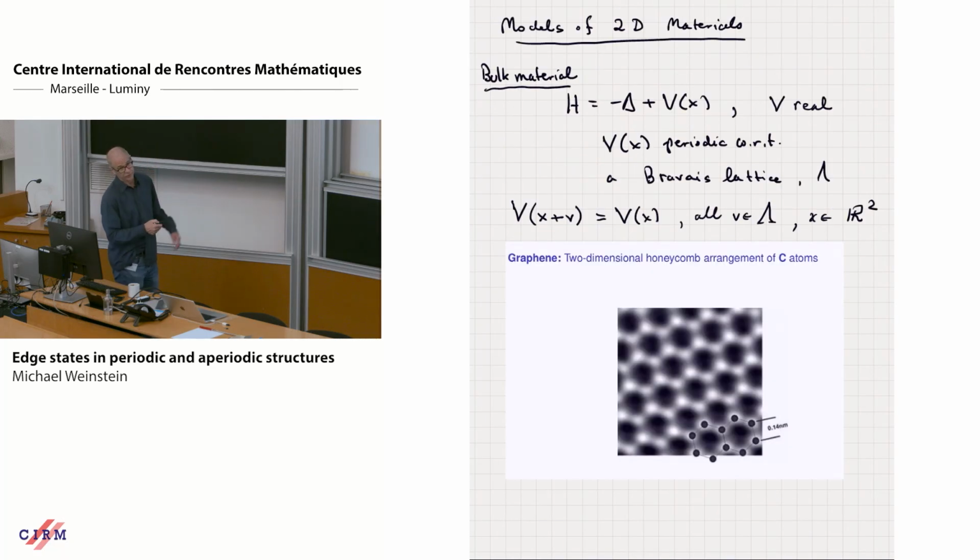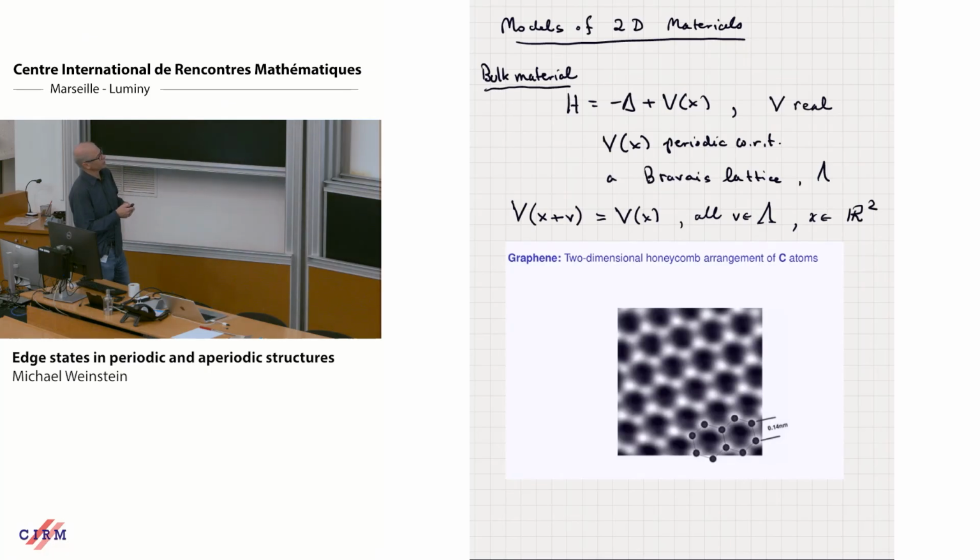Okay, so from lattices now to two-dimensional materials. So a two-dimensional material for me here is going to be a Schrödinger operator with a particular kind of potential. Okay, we could be looking at other operators, like the Maxwell operator, but we'll look at Schrödinger operators here. So a bulk material, bulk refers to the infinite structure, the infinite periodic structure with no defects in it.